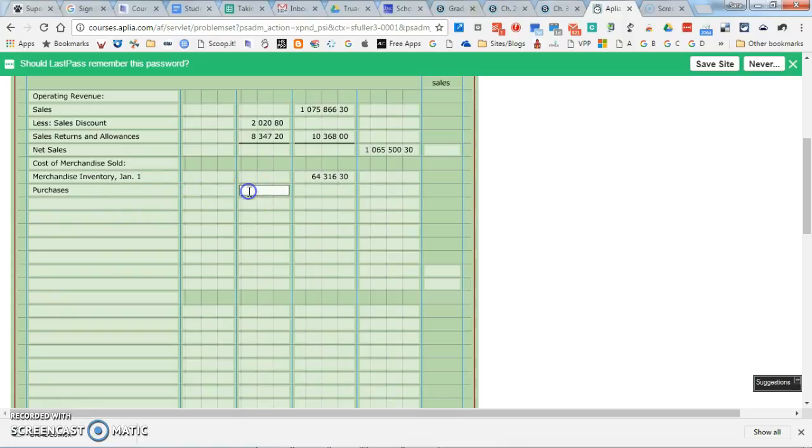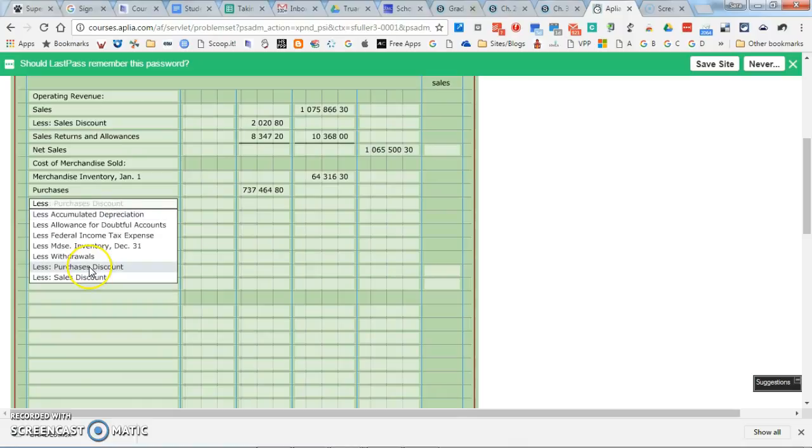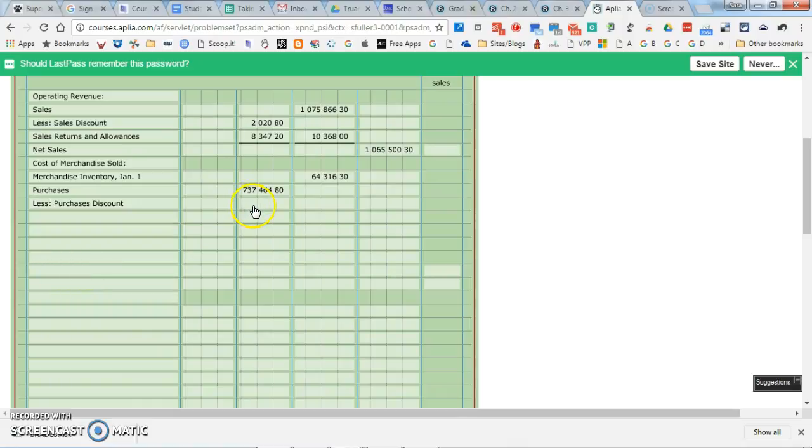Second column, $737,464.80. Next line is less purchase discount. And it's going to go in the first column, $5,483.60.